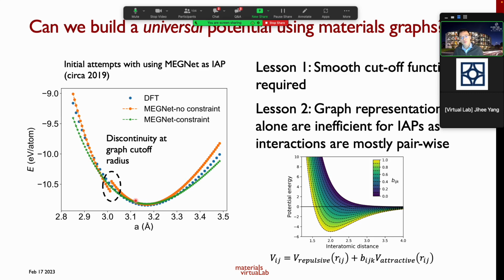So our initial attempts were definitely not that successful. So first of all, we definitely need some form of smooth cutoff function to basically get rid of this discontinuity. And we also found that graph representations are actually not very efficient for interatomic potentials, right? Because fundamentally, the graph message passing is still a pairwise interaction term, right?